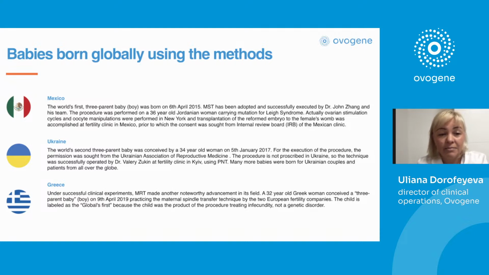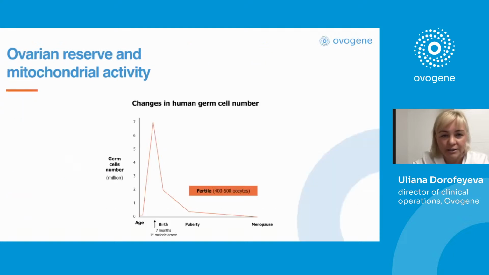The child is labeled as a global first because that child was treated not for mitochondrial diseases of the mother. However, that was due to the advanced maternal age and the previous unsuccessful treatments. So that was not a genetic disorder.